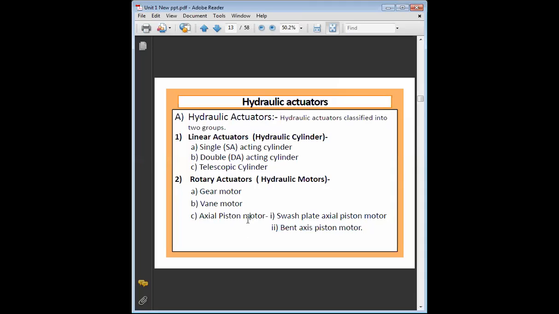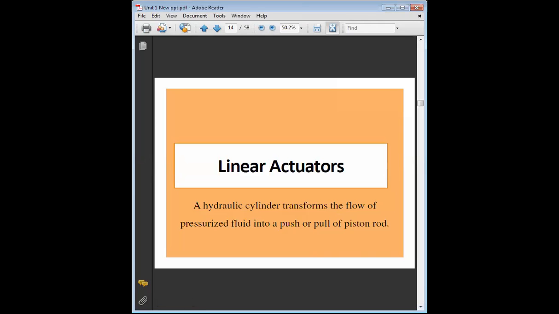Now, the first point about the hydraulic actuator that we will see is the linear actuator. Please remember, linear actuator means hydraulic cylinder.